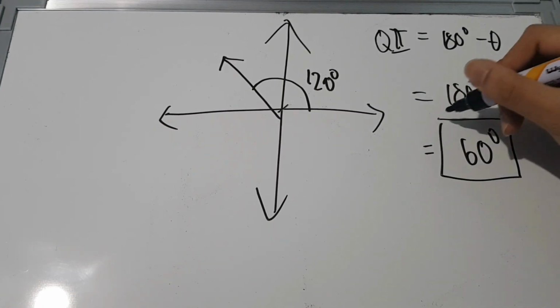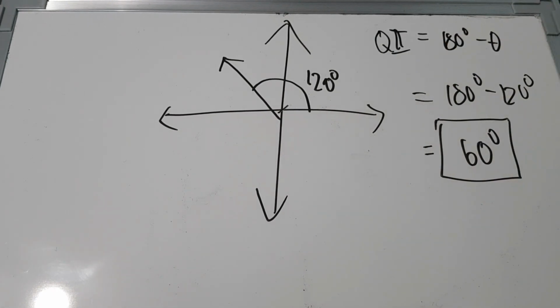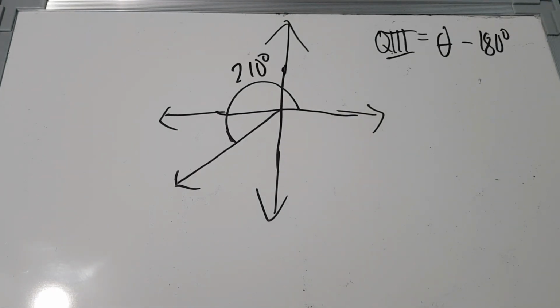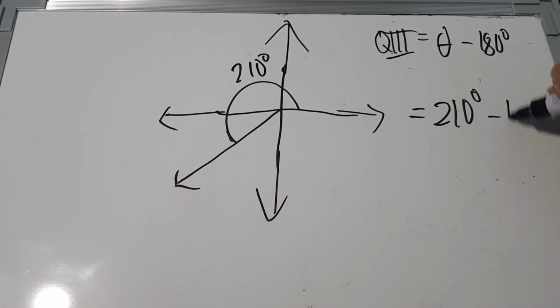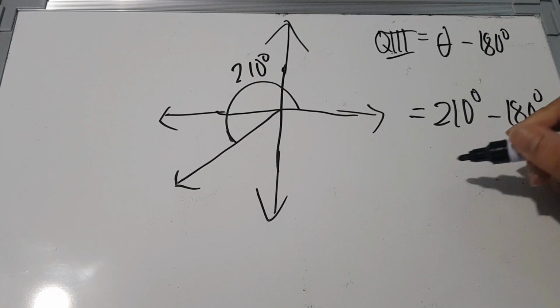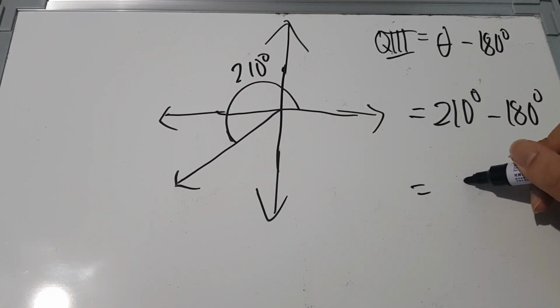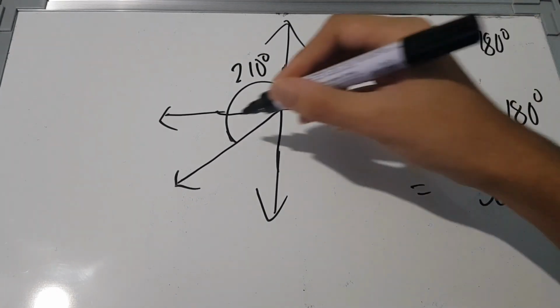This is because 120 degrees is in quadrant 2. For quadrant 3, we have 210 degrees. In order to get the reference angle, we just have to subtract 180 from 210 degrees. This will be equivalent to 30 degrees.